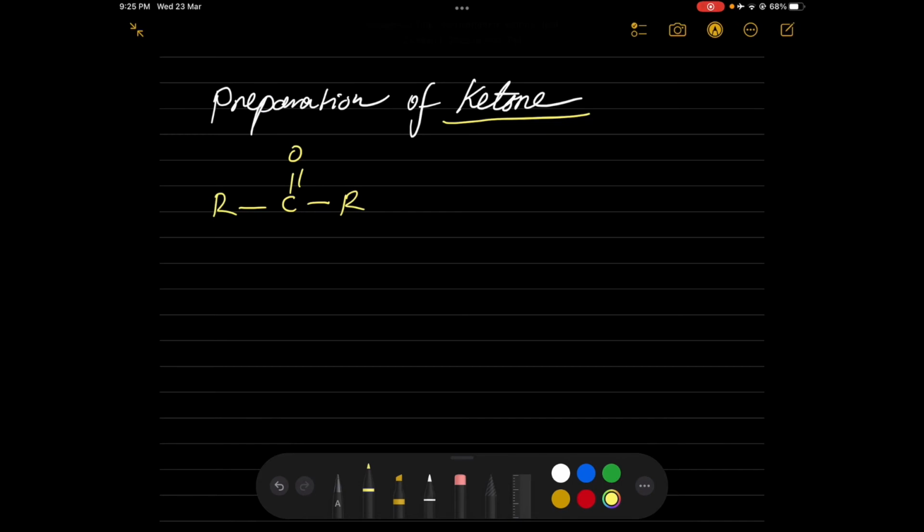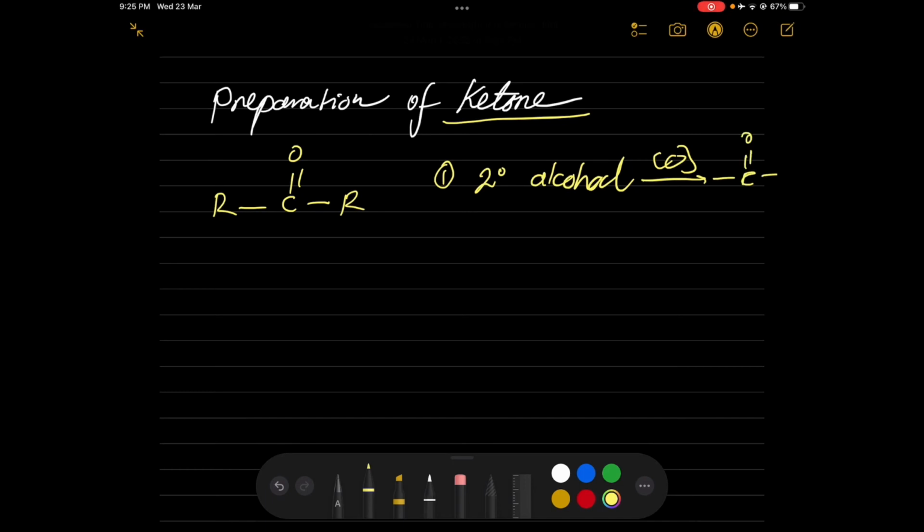So how can I prepare such a compound? The general idea is that we can prepare ketones from secondary alcohols. Once you have the secondary alcohol, you make an oxidation process, then you will have a ketone.